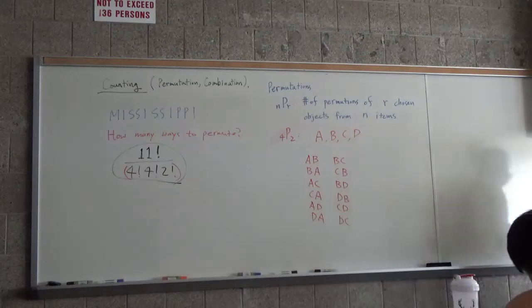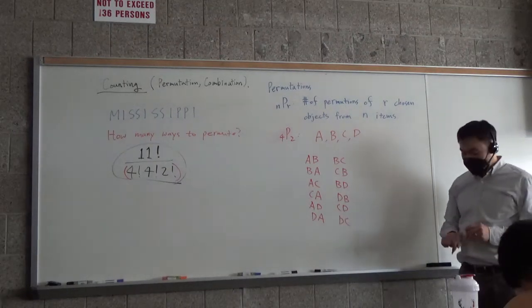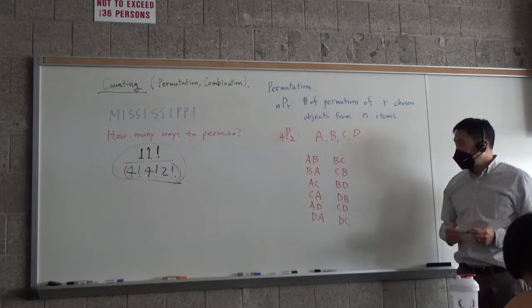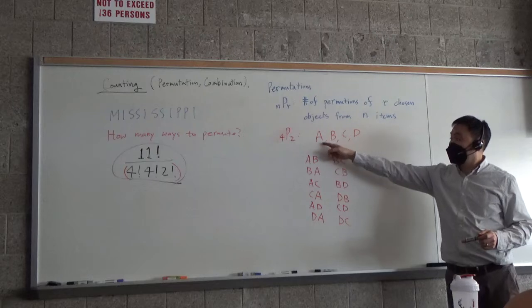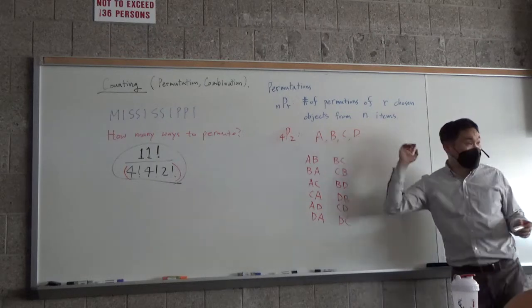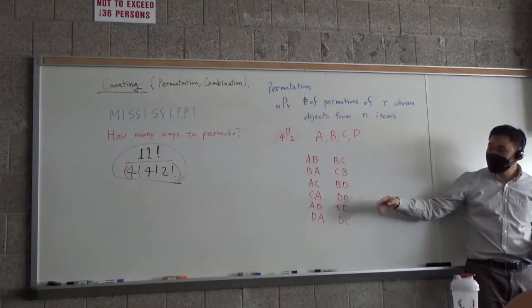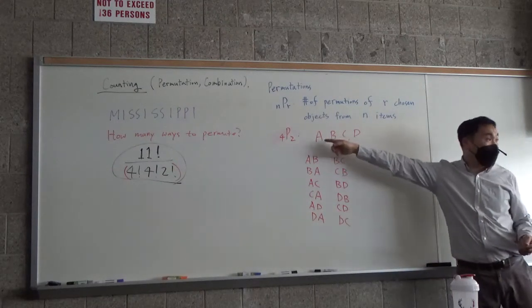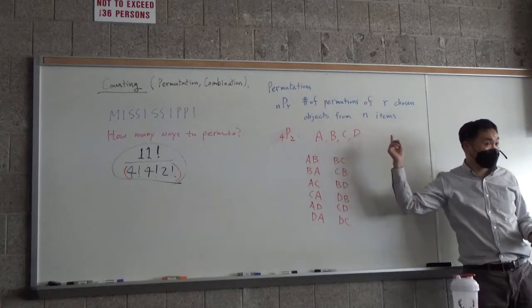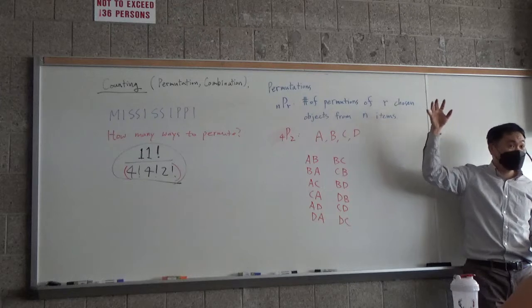And the way you think about this is like the following. If I just permuted all of them at once, so you get 4 letters, which I erased. I wish I didn't erase that. We had a space where we had that. But if you have all the 24 permutations, what you can do is erase the last 2.